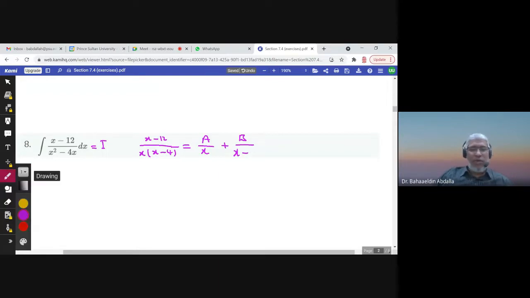Now to find a, I cancel x here and replace x by 0. Negative 12 over negative 4 is 3. So a is 3.